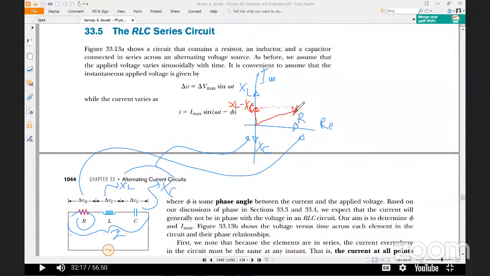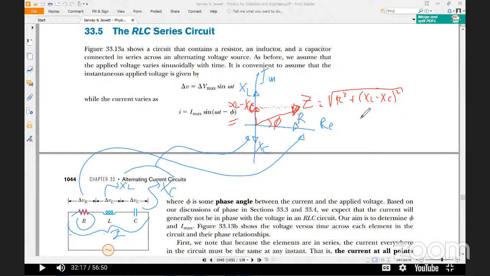We have this one, the impedance. Of course, the impedance can be expressed as the square root of R squared plus XL minus XC squared. So phi here is the angle of the impedance. Okay.